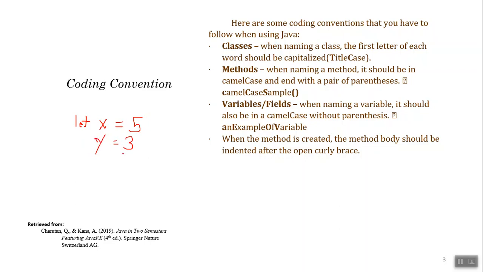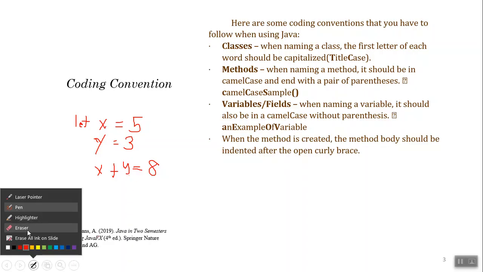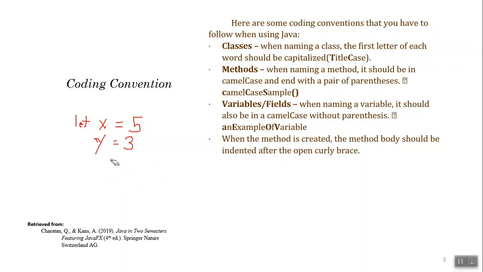So the value here, or the constant, is 3, and then the variable is y. So if we're going to add x plus y, we will get 8, because the value of x is 5, and the value of y is 3. So we assign these values to our variables, and that's why we got 8. Okay, so it's just a container of a value or constant.